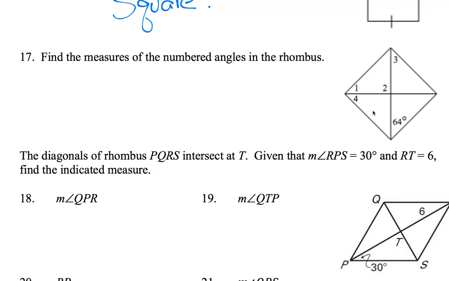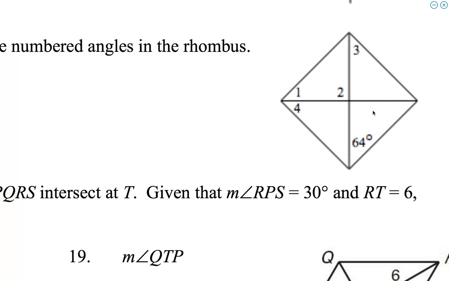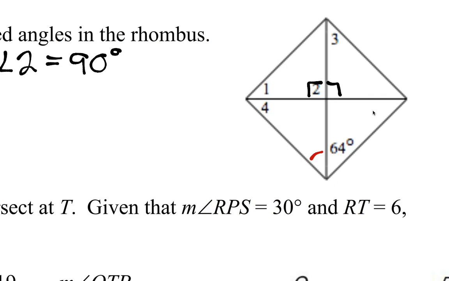17. Find the measures of the numbered angles in the rhombus. So they're telling us it's a rhombus. Diagonals are perpendicular. So that means the measure of angle 2 is 90 degrees. Remember, the diagonals also bisect each opposite angle.